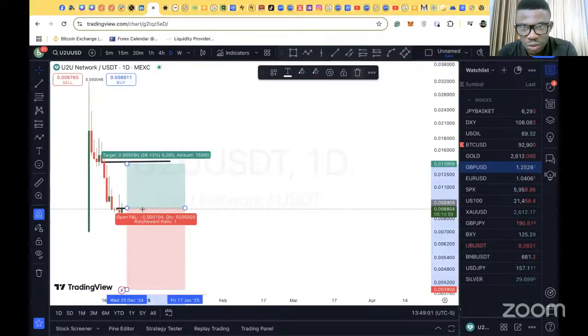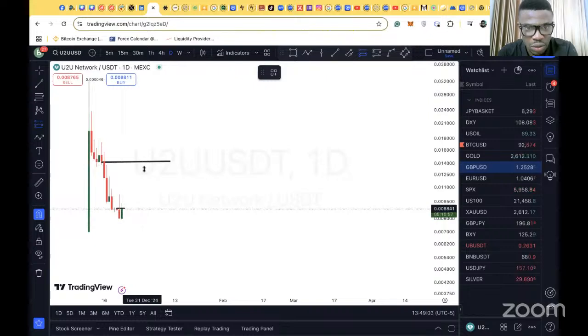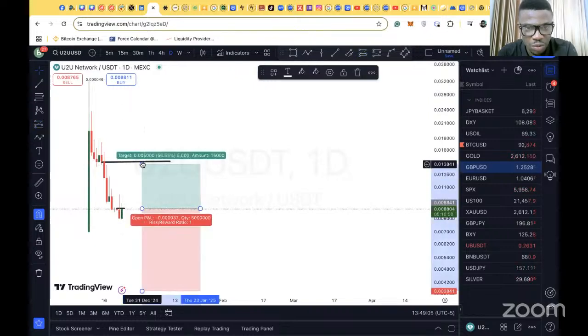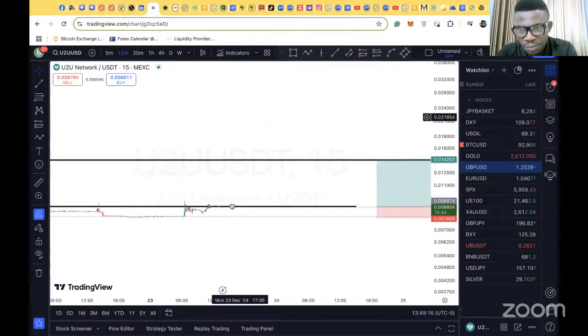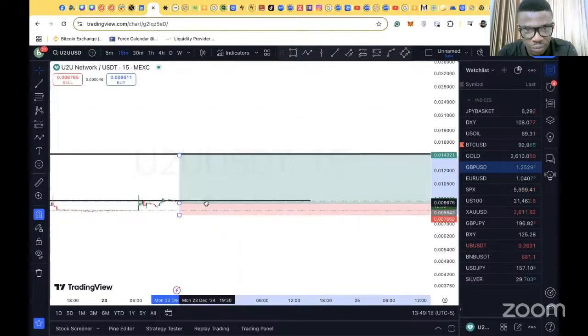No, not this long. From entry to take profit, the stop loss will be right under here, like this. So let me go to M15 to confirm based on our analysis on M15. Yeah, correct.